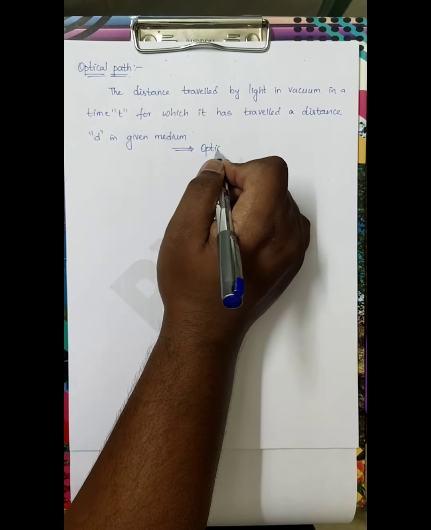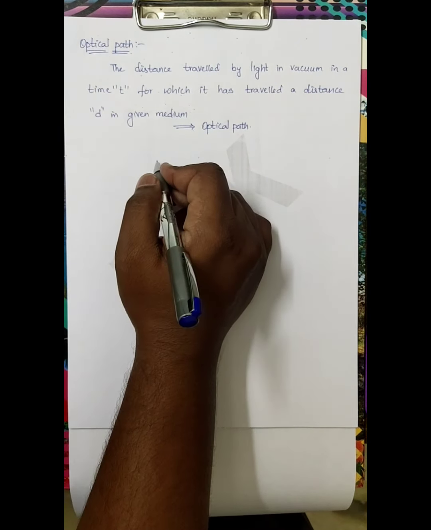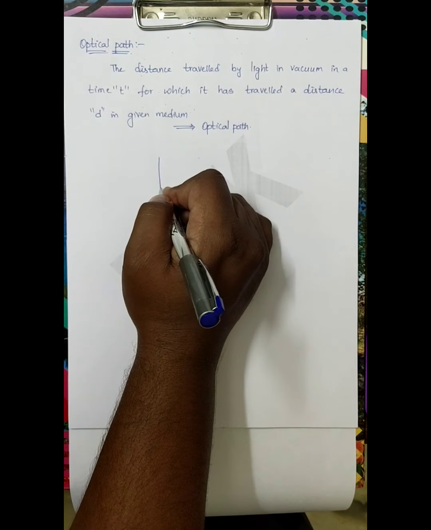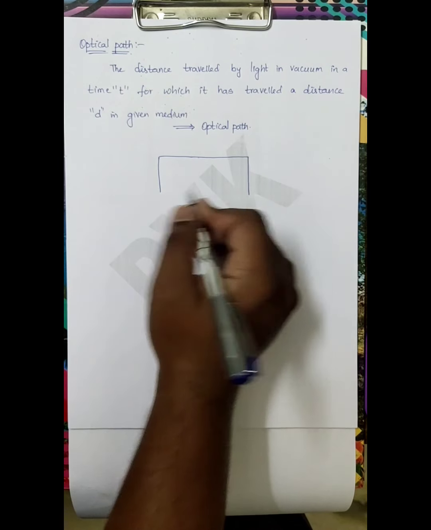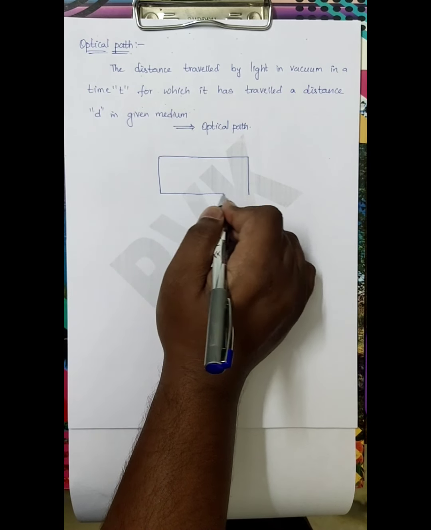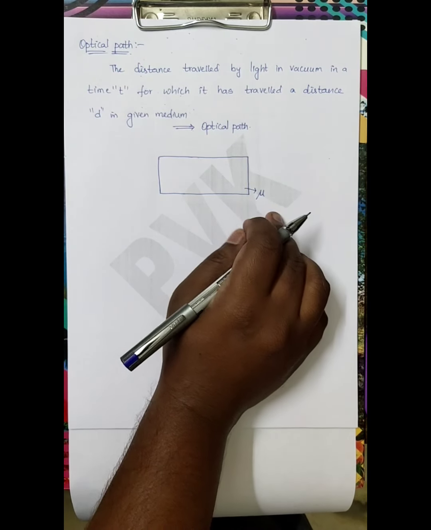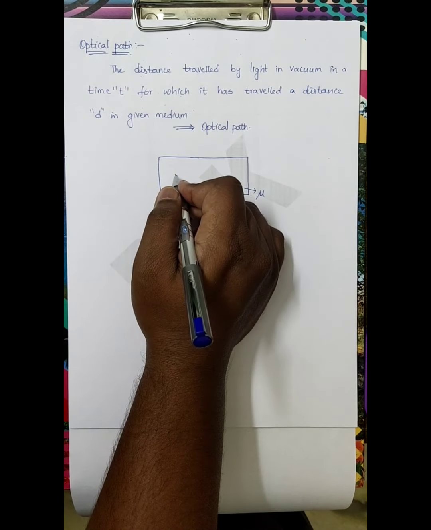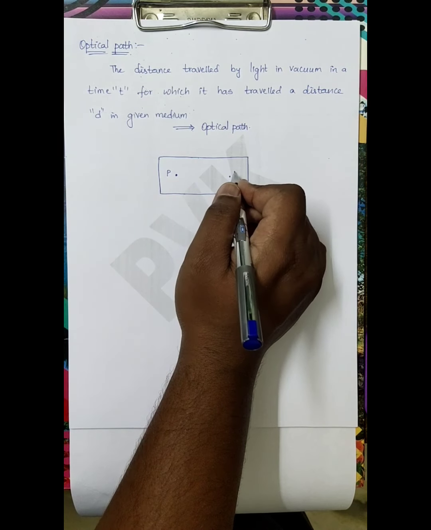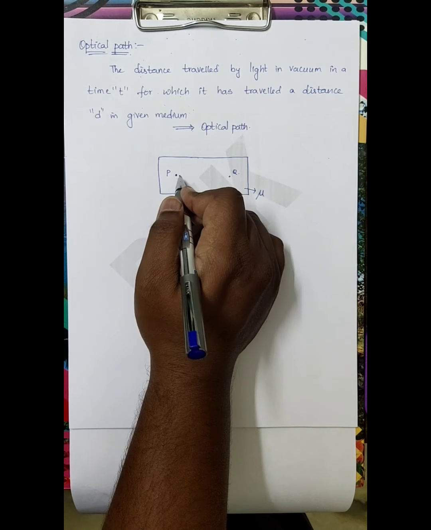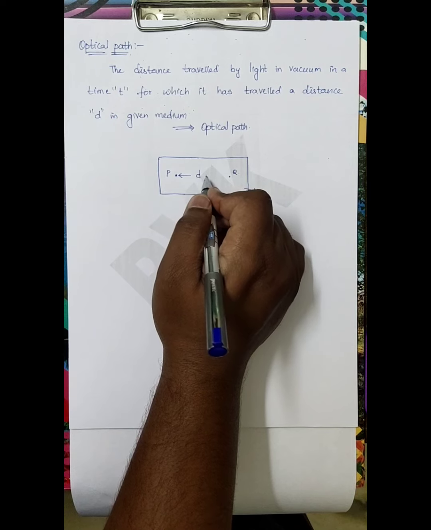So now let us understand about this very clearly. Consider there is a medium whose refractive index is given by mu. So let me say this is a medium whose refractive index is mu, and assume there are 2 points, namely P and Q, and the distance between P and Q you just denote by d.